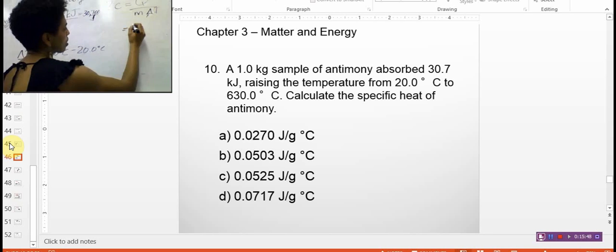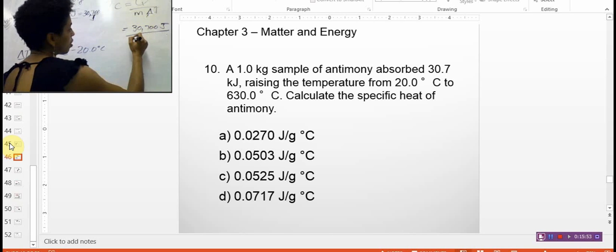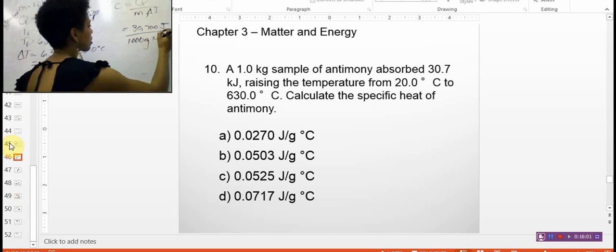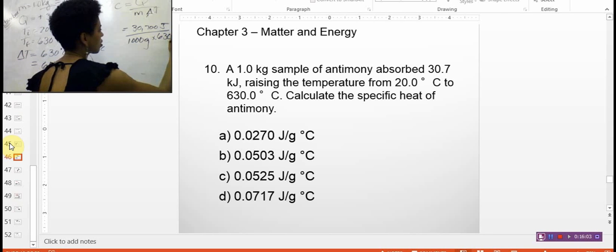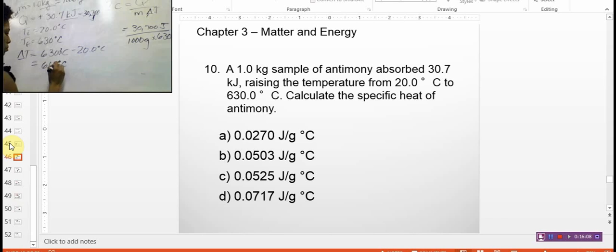So C is going to be equal to 3700 joules all over 1,000 grams times our delta T, which is 610.0 degrees Celsius. The reason we have 610.0 here is because we have one decimal place, so our answer should have one decimal place.